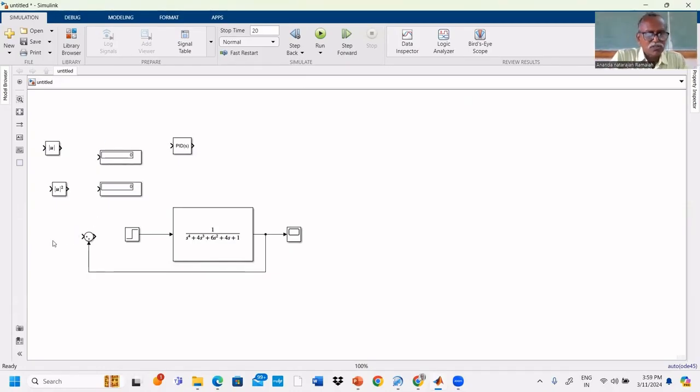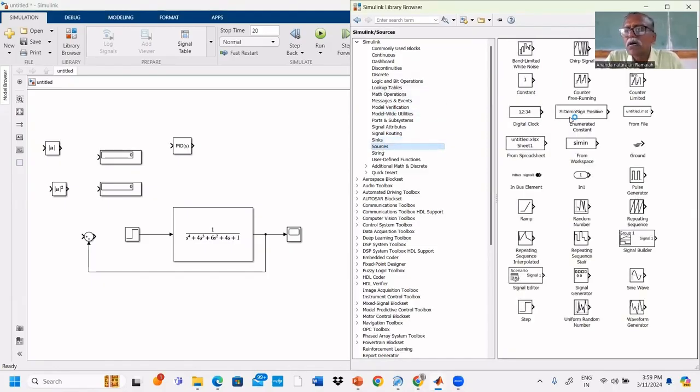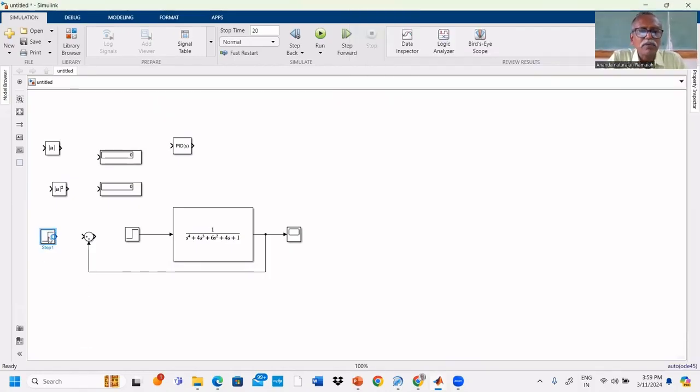Now we got all blocks. Now we have to give step input, so we have to get the step input also. This is sources. Step input is required. Yes, we got step.